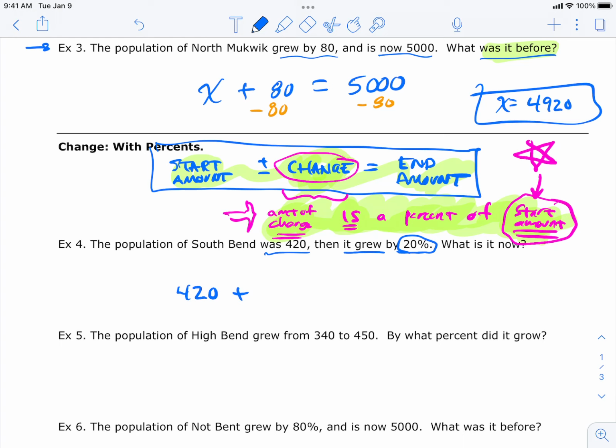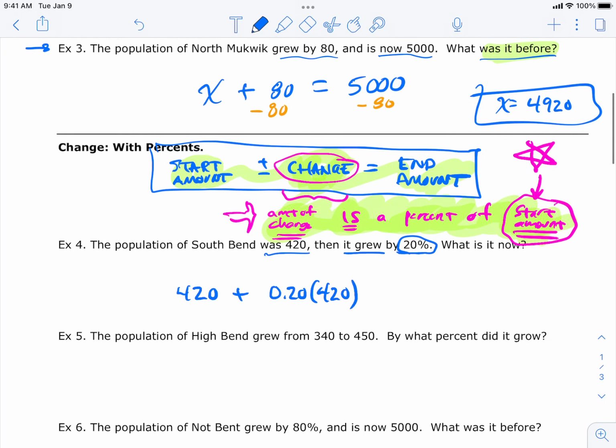20% of the starting amount will be, make it a decimal, and multiply by the starting amount. And then that will be the ending amount, which is what we're solving for, so that's our x. So when we say it grew by 20%, it always means 20% of what we started at, and we started at 420.